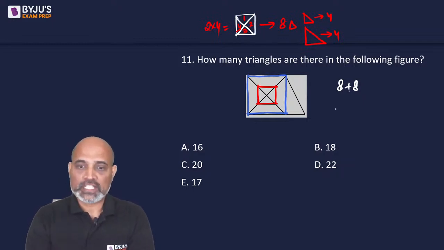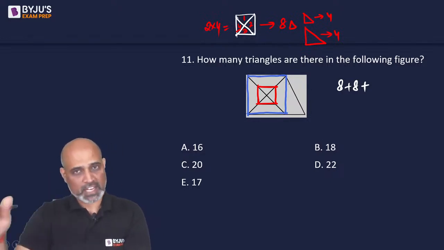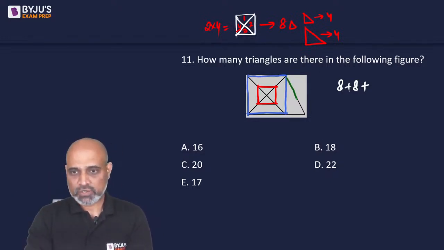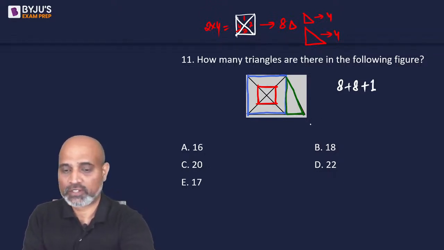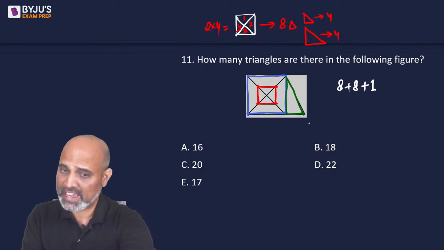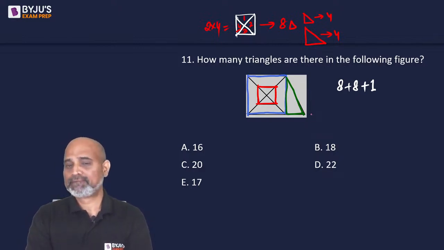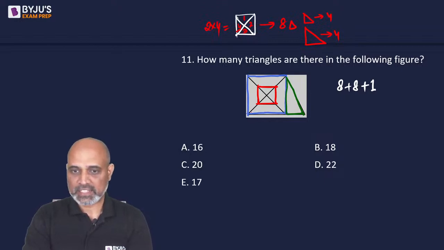Now, once we have this, then we are supposed to have more triangles because we have another figure here, right? So, ek triangle idhar mila. This is another triangle. So that is 1. Do you guys see any more triangle? Yes, there is one more. This triangle.